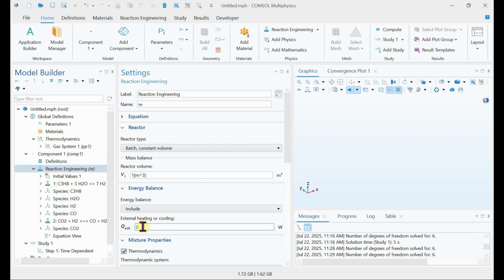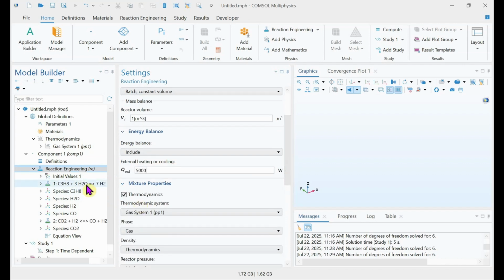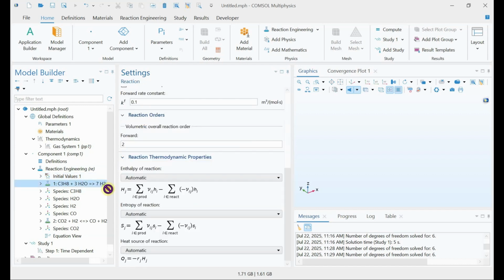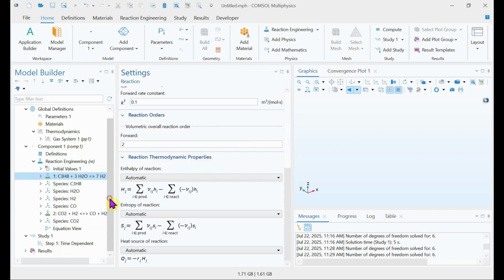For the energy balance, the external heating is 5000 watt, and then the initial values. The initial temperature is 800 Kelvin. The initial concentration of propane is 1. For water it is 1. And for carbon dioxide it is 0.5. I think that all of them are defined.